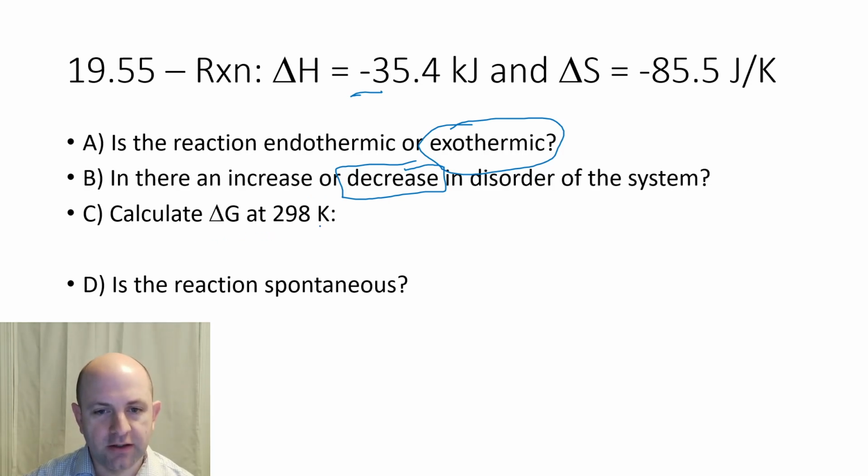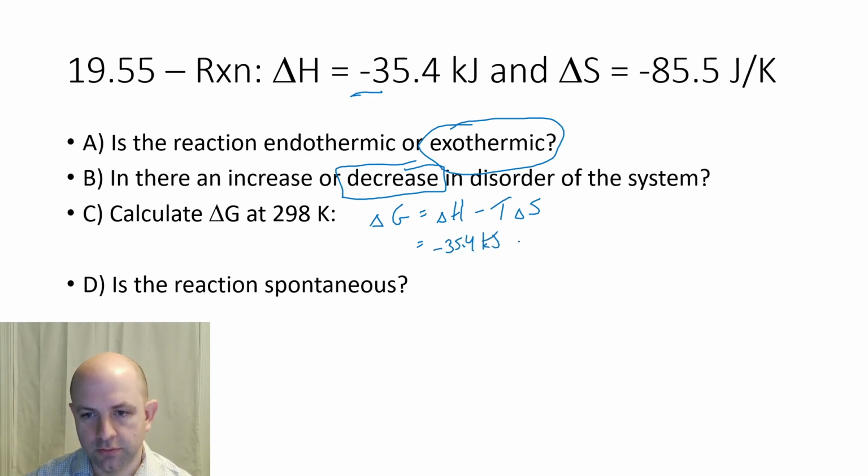All right, now for calculating delta G at 298, here we will use our new favorite equation: delta G is equal to delta H minus T delta S. Temperature must be in Kelvin, which, good news for us, it is. So we just plug in our numbers: negative 35.4 kilojoules minus 298 Kelvin times negative 85.5 joules per Kelvin. The only thing to watch out for is that enthalpy is in kilojoules, but entropy is in joules per Kelvin.